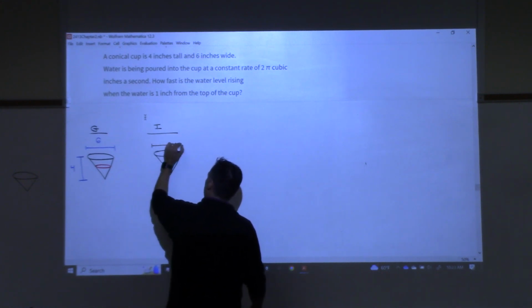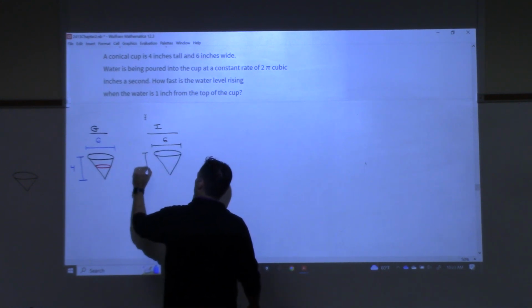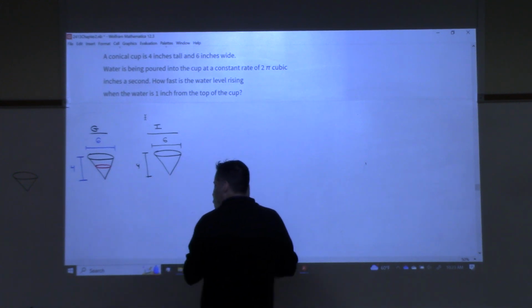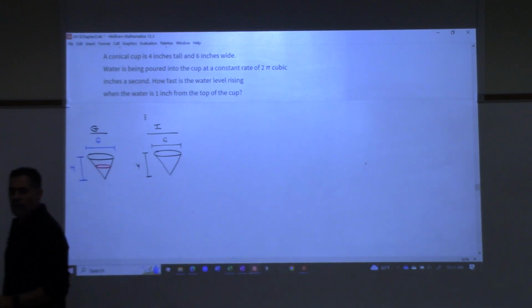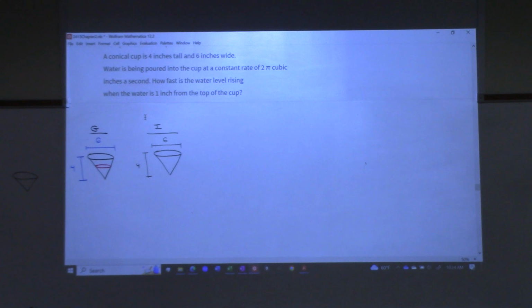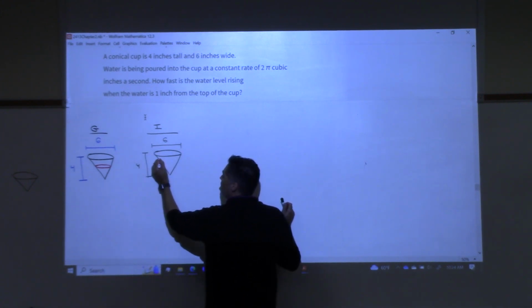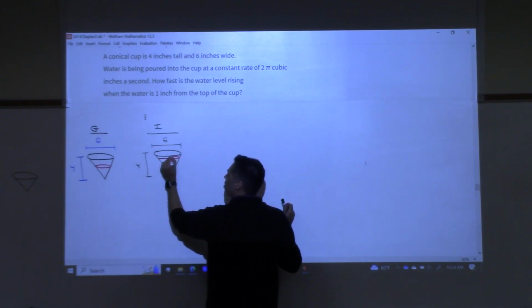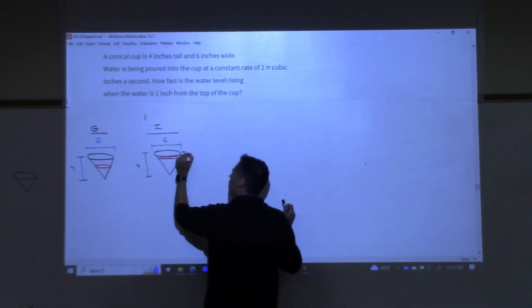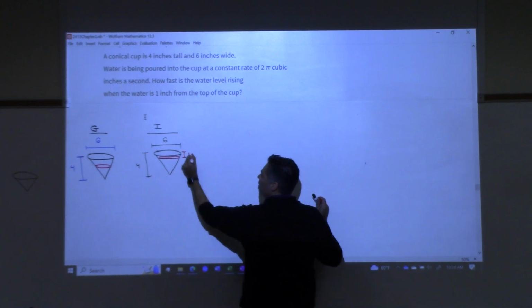This is still 6. This is still 4. But now I actually know where my water level is, right? Where is it? 1 inch from the top. Remember, the cone's 4 inches, right? So the water level here is 1 inch right there. That's a 1.